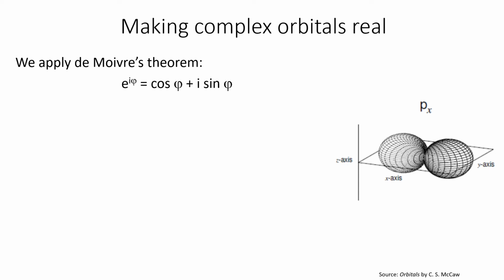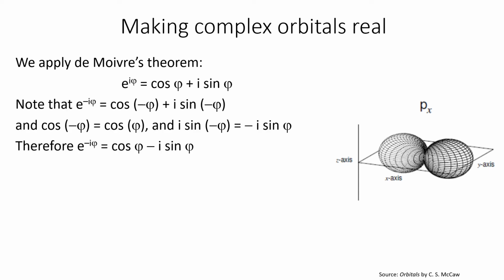And what we're going to find is that just the trig functions cos and sine are going to give us some useful information here, because look what happens if we look at the minus wave function, e to the minus i phi. That's to say the wave function when m equals minus 1. So logically that would be cos of the negative angle plus i sine of the negative angle. But it's interesting because when you look at the cos and the sine functions, you see that the cos function is symmetrical about the y-axis, so that the cos of minus an angle is actually the same thing as the cos of plus the angle.